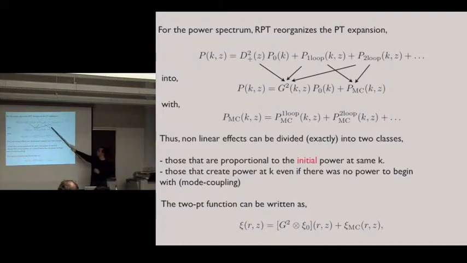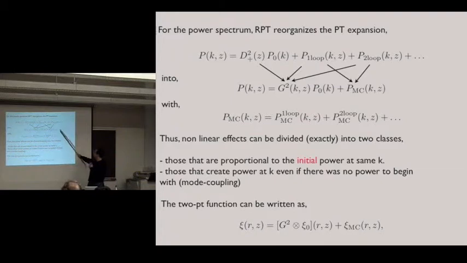Okay, it would be nice to also resummate this, but we haven't been able to do that yet. But what I claim is that the perturbation theory that results in this quantity here is very well behaved, and you will see in a second exactly what I mean.